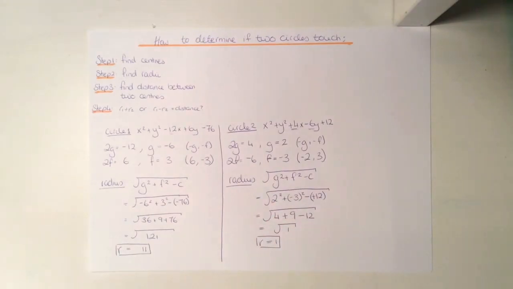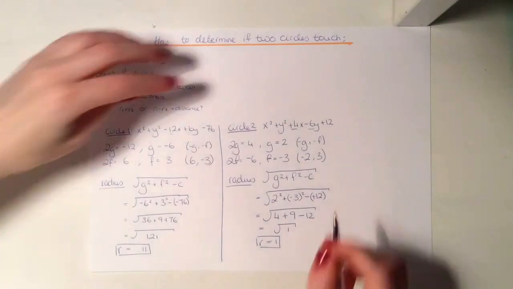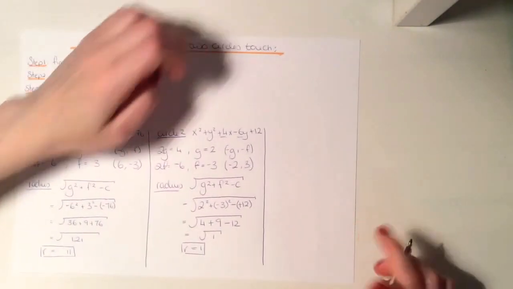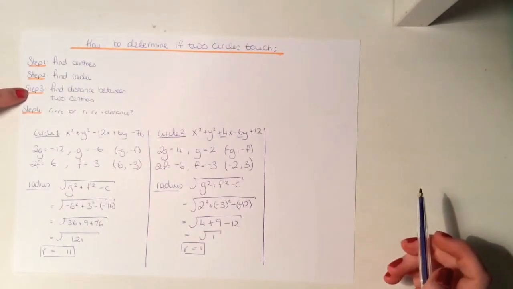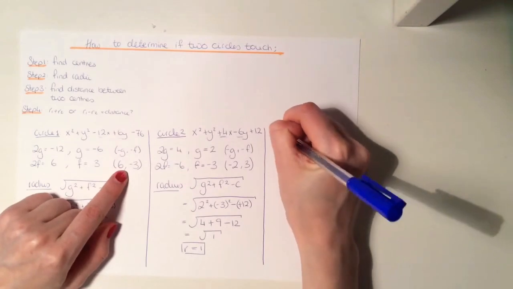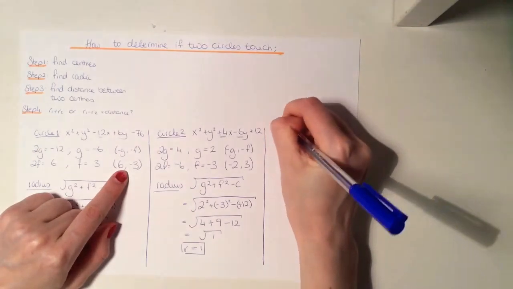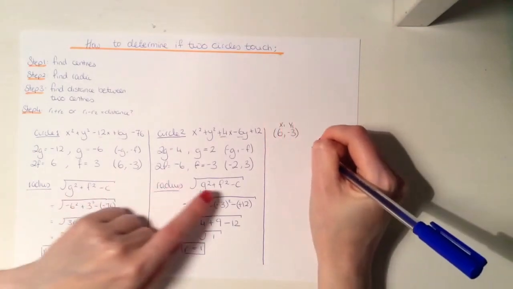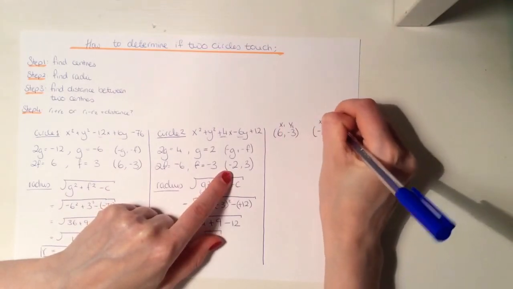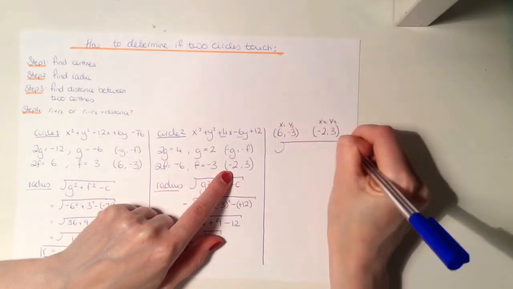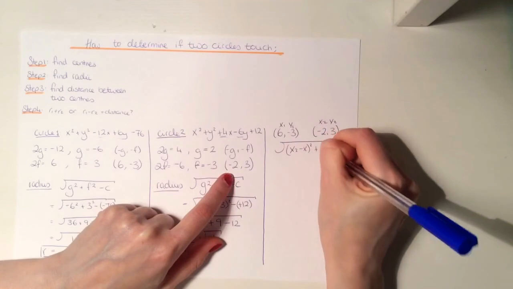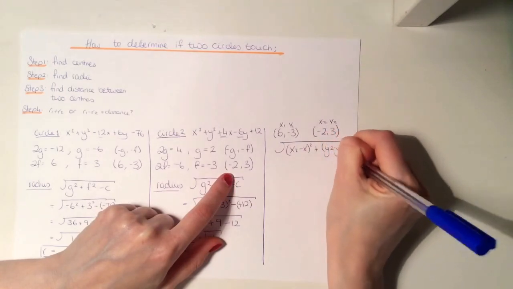Okay, so now we've got step 1 and step 2 completed. So step 3, just move this over a little bit, we have to find the distance between the 2 centres. Okay, so taking your 2 centres, centre 1 is going to be my x1, y1, centre 2 is going to be my x2, y2, and the distance formula is the square root of x2 minus x1 squared plus y2 minus y1 squared.